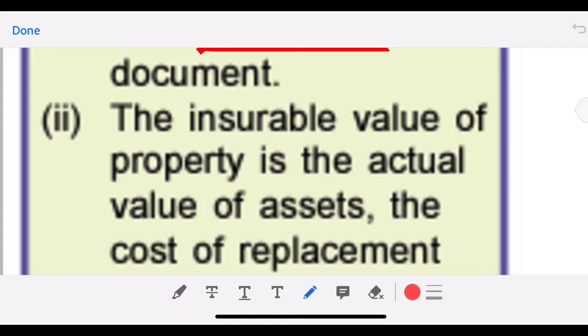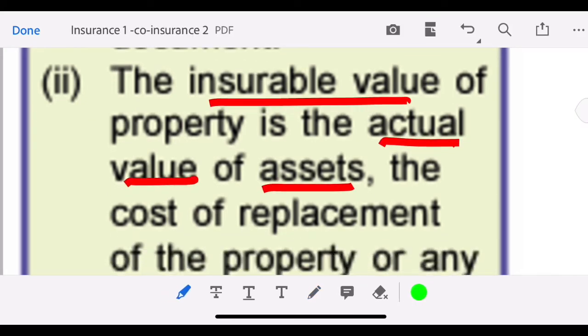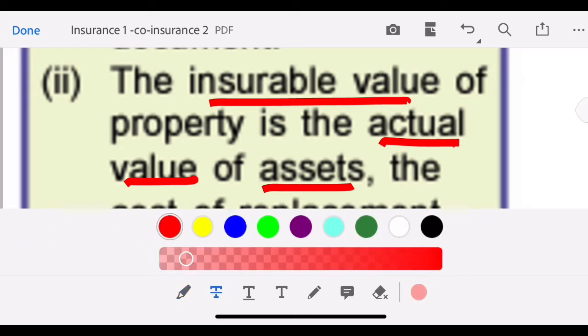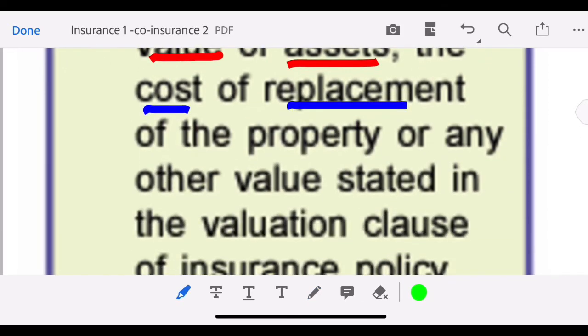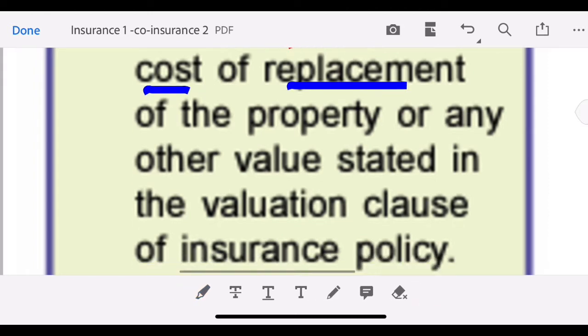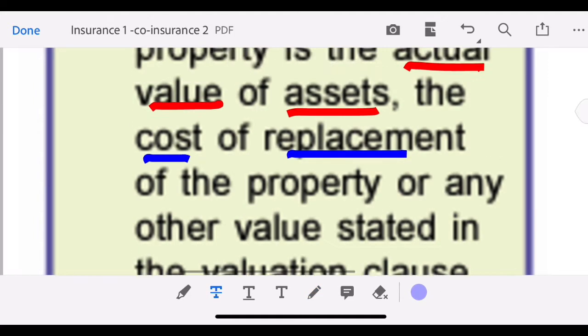The insurable value of the property is the actual value of the assets, for example the actual value of the house, and the replacement cost of the property, or any other value stated in the valuation clause of the insurance policy.